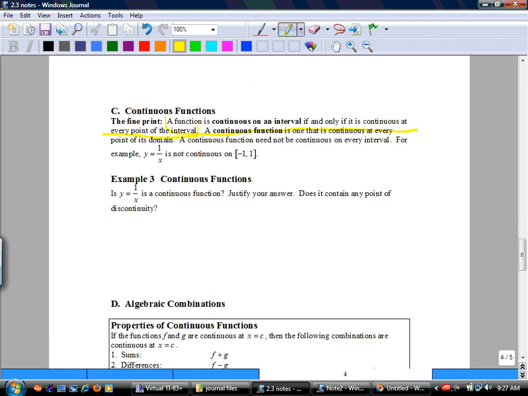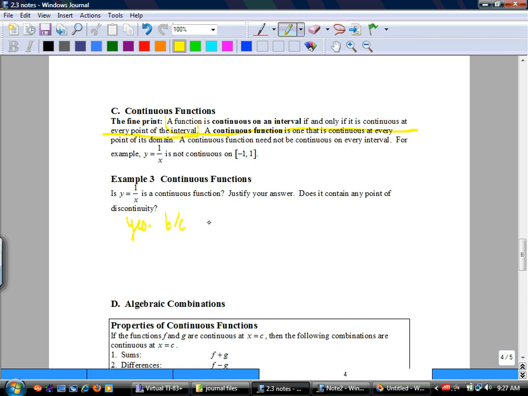And it just comes down to, can you draw it without lifting your pencil? Just have that in the back of your mind. Okay, is y equals 1 over x a continuous function? Well, we just said it's not continuous at 0. Is it continuous? It's continuous on its domain. So, is it a continuous function? Yes.